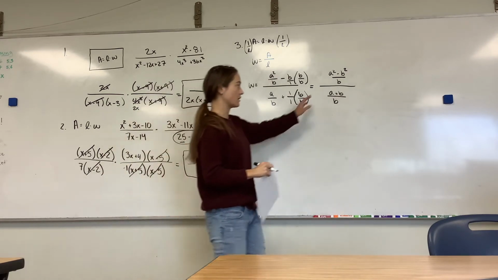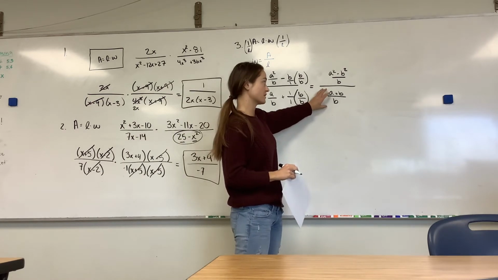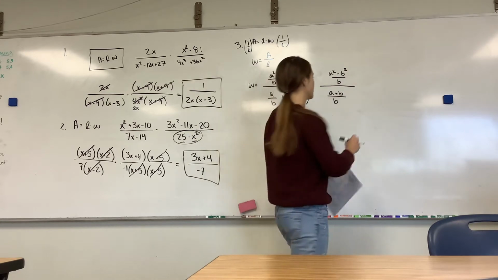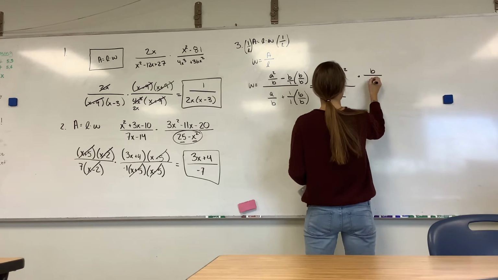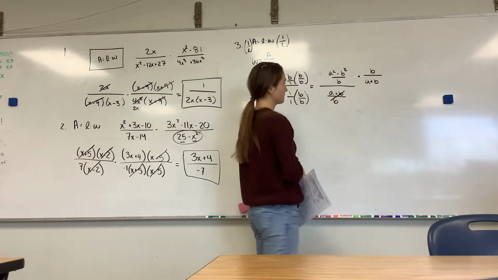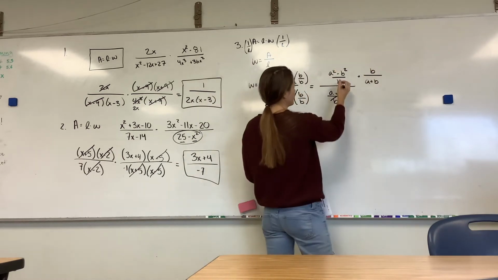Now that these are single rational expressions, I'm allowed to take this and multiply by the reciprocal, so that this will cancel out, and then I'll multiply by the reciprocal here. So times b over a plus b. That cancels out.